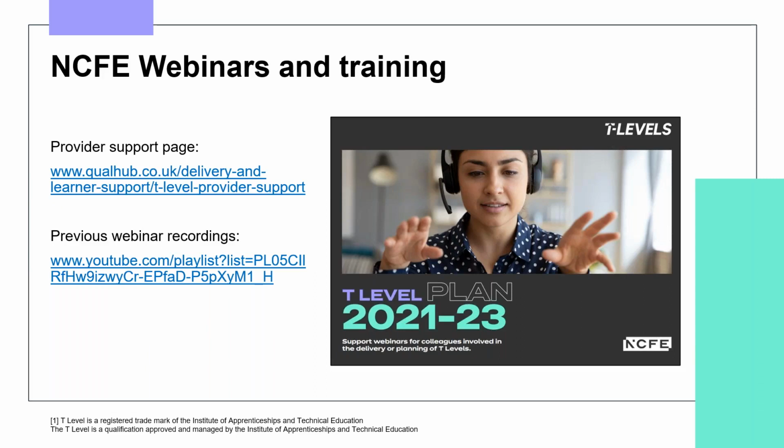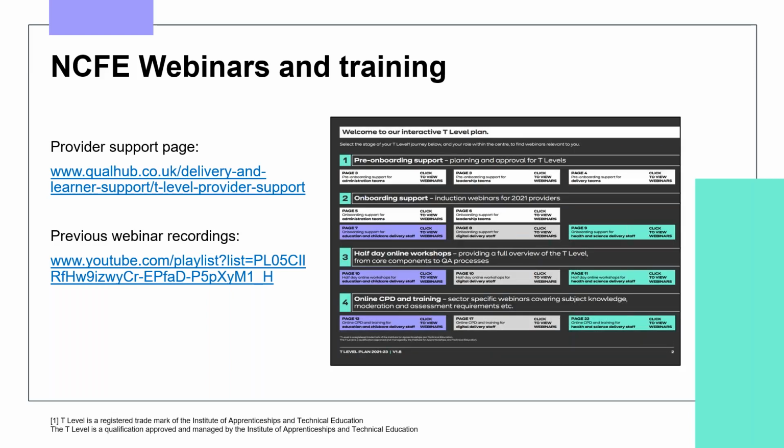We have an interactive PDF with our upcoming events and webinars, the first page of which is shown on screen now. It has all the planned sessions for the duration of your T-level program delivery. The second page is now shown, which breaks up the support we offer into different types: pre-onboarding, onboarding, and further CPD, such as this event.